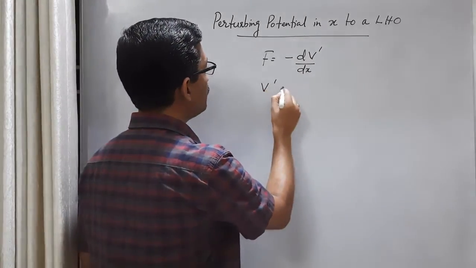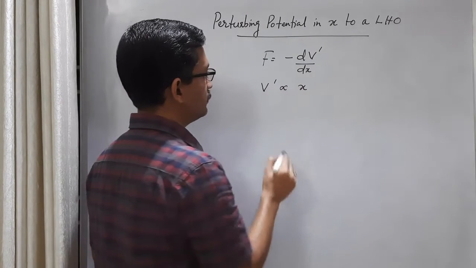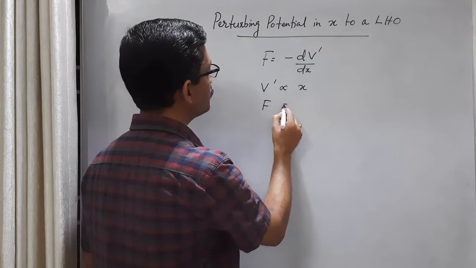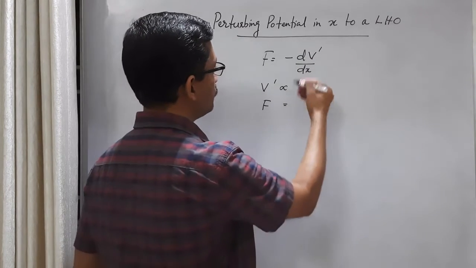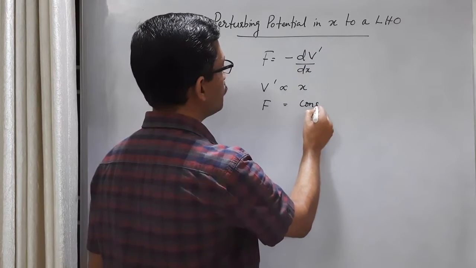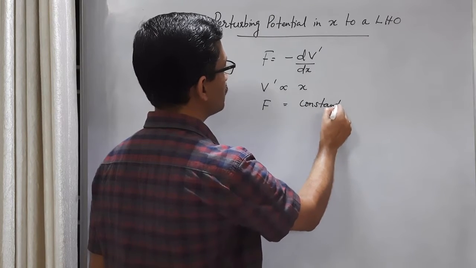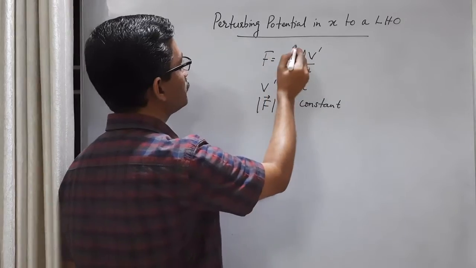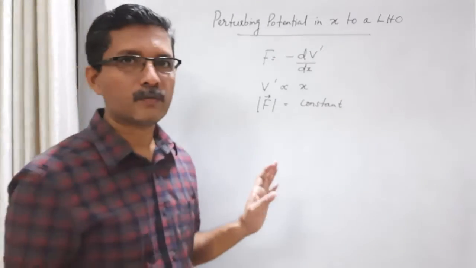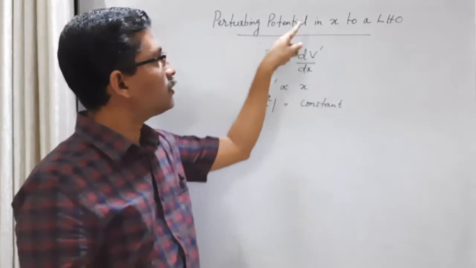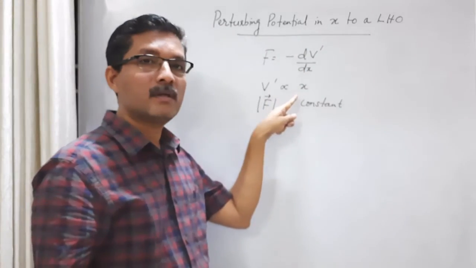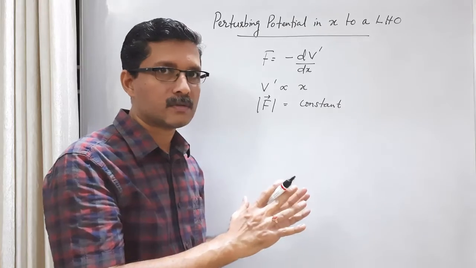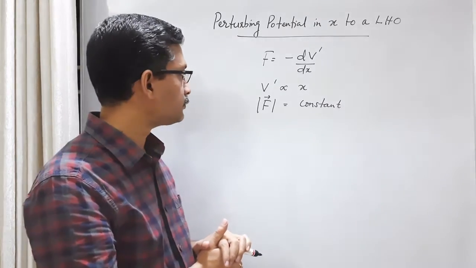Now if V prime is proportional to x, then the force is equal to derivative of this with respect to x, that is, magnitude of force is a constant. So perturbing potential proportional to x is equivalent to saying that we are applying a constant force to the linear harmonic oscillator.